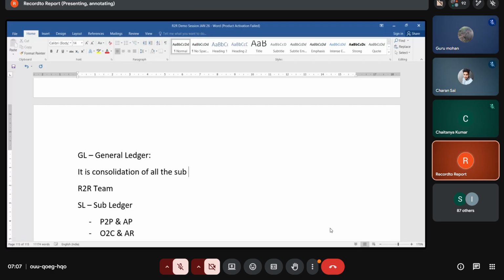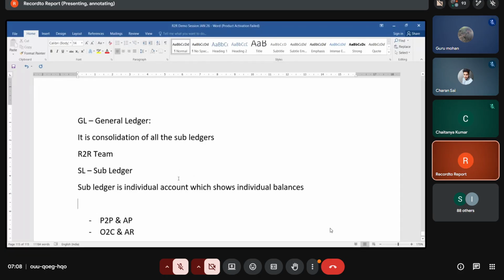A sub ledger is an individual account which shows individual balances.